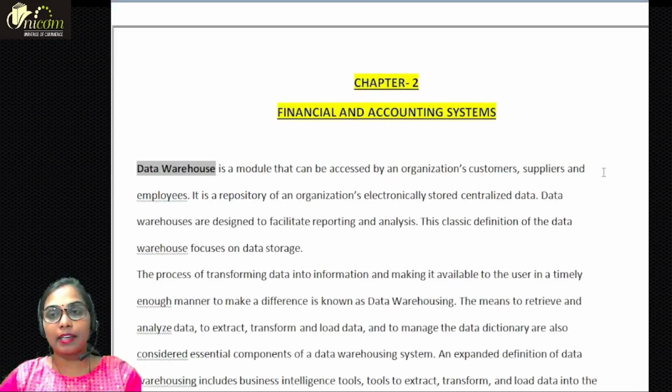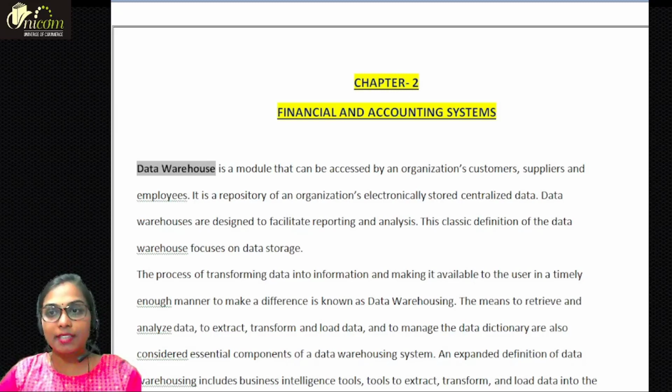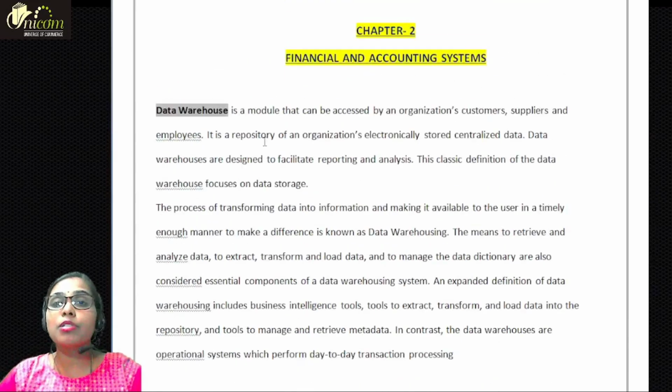that is financial and accounting system. ठीक है. In financial and accounting system there is an addition of data warehouse. Data warehouse क्या है, उसका definition क्या है, वो सब दिया हुआ है. ठीक है. So data warehouse is what? It is a different type of module.